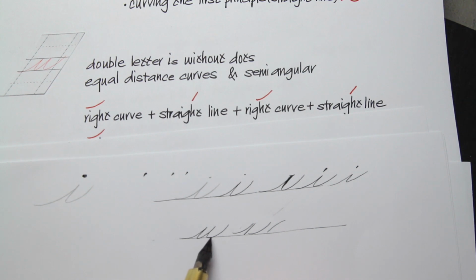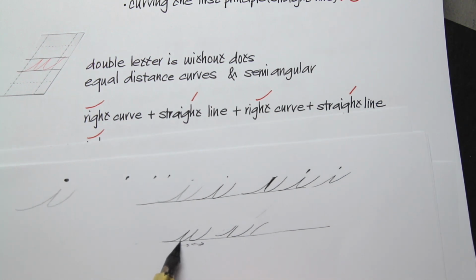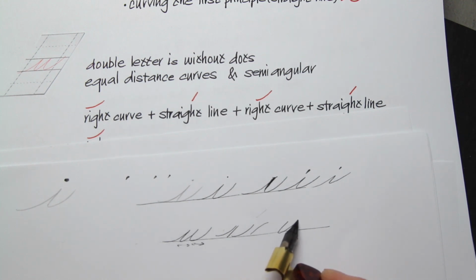You want your letter U's to have equal distant curves. So the distance between here and here should be the same. And instead of having this part as an oval, you want it to be semi-angular like so.